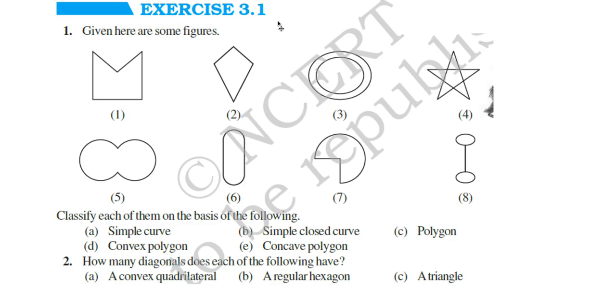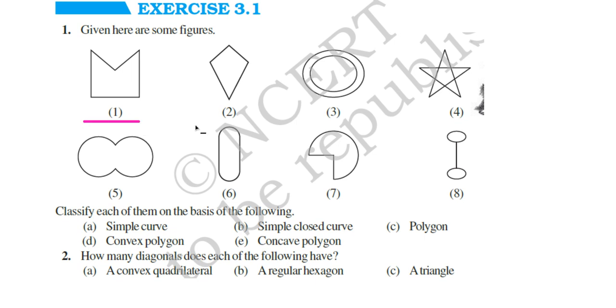Here is your exercise 3.1. Some figures are given. You have to classify each of them on the basis of the following. A simple curve. You can see 1, 2, 5, 6, 7 are simple curves.